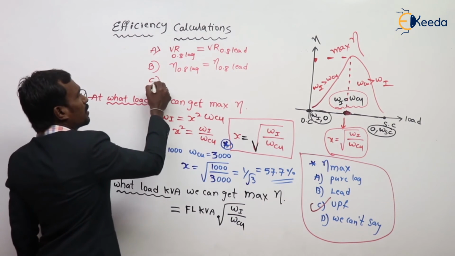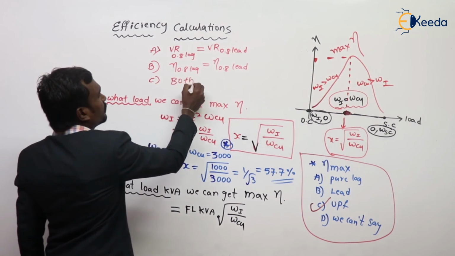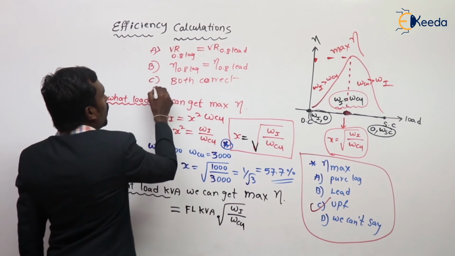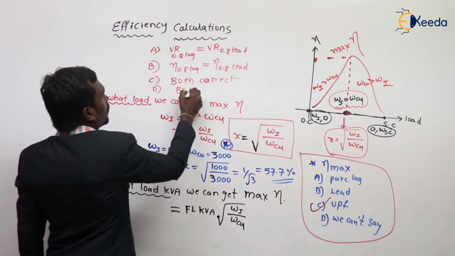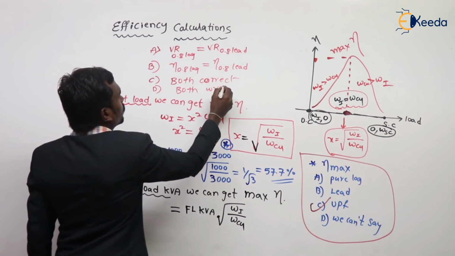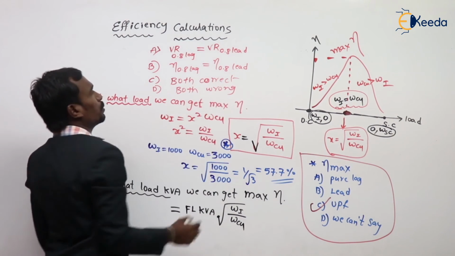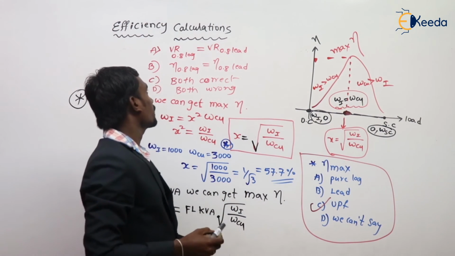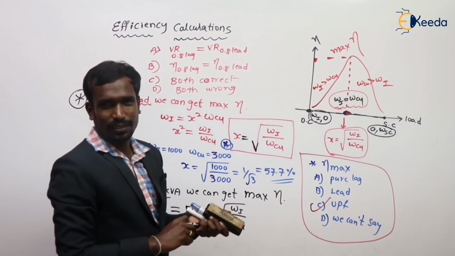Option C, both correct. Option D, both wrong. Now tell me, which of the following is the correct answer? Option A, B, C, D.